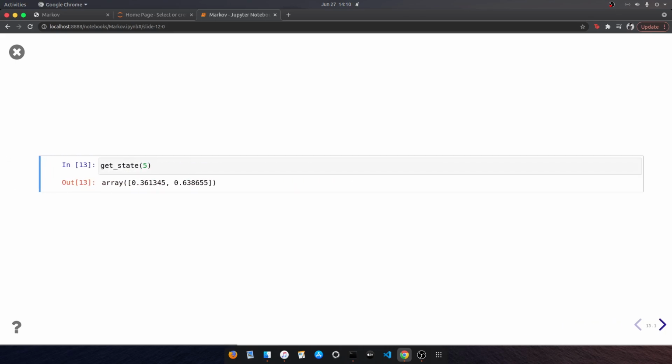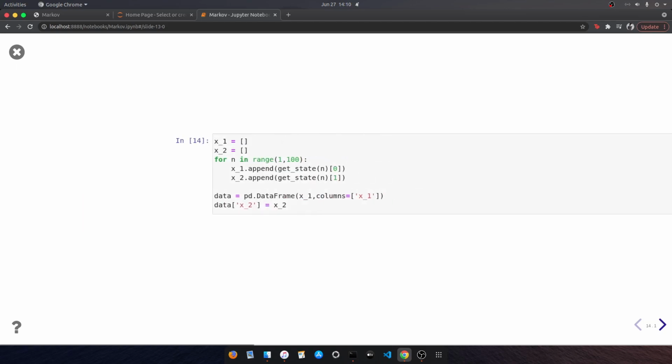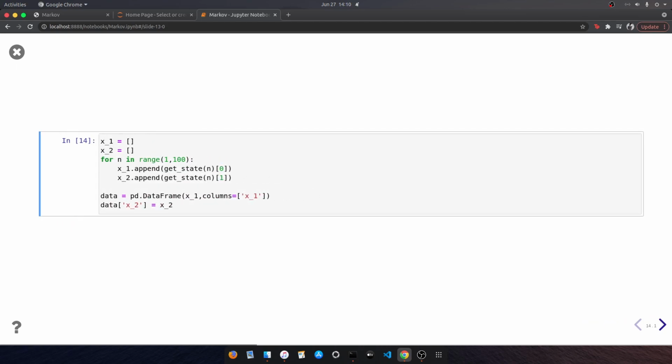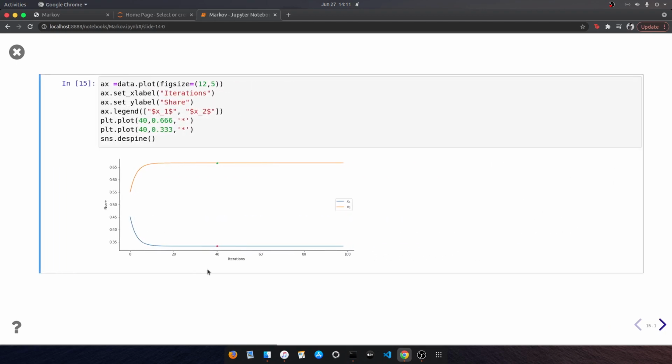All right, so here is time point 5. I will make some manipulation so we can graph what happens to the share as time goes by. We are computing up until time point 100, meaning after 100 years. As we can see in the graph, at around time point 40, the share seems to stabilize.